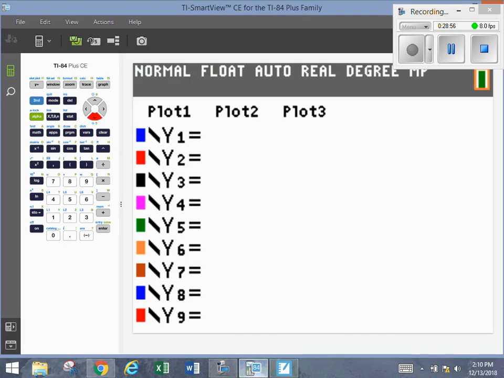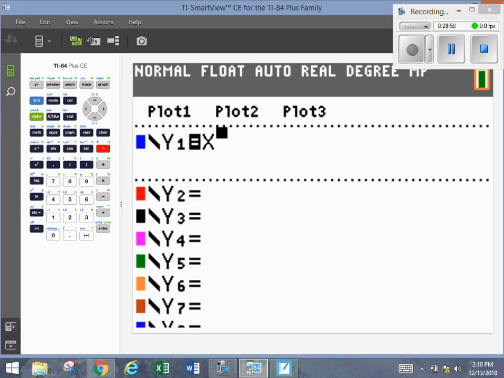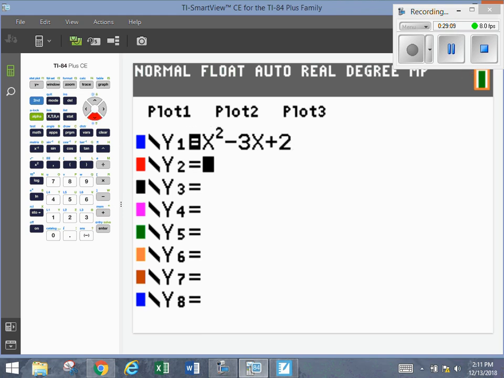So we're going to put in x squared minus 3x plus 2. And our second equation, we have to solve it for y first, right? So that's going to be negative 2x plus 4.